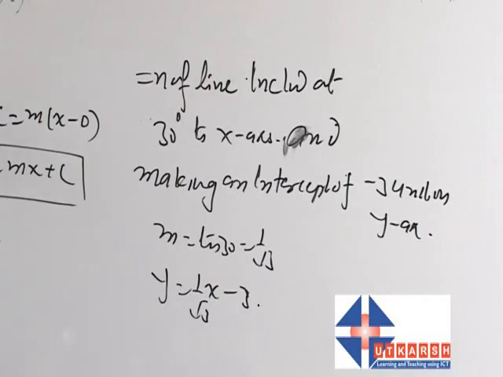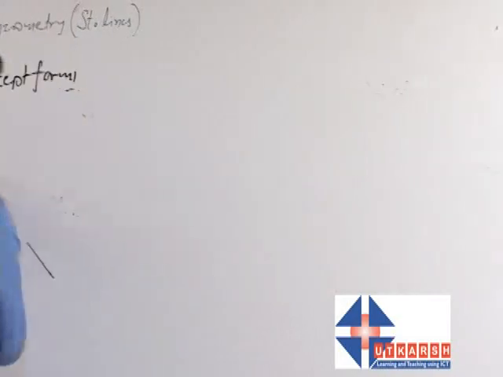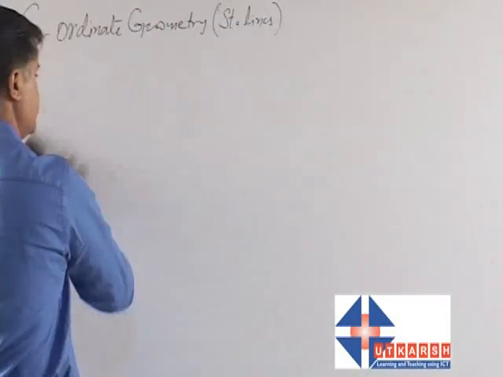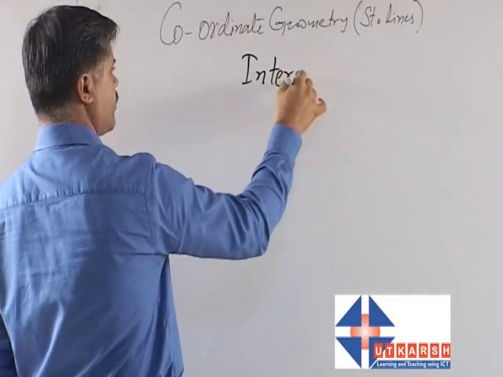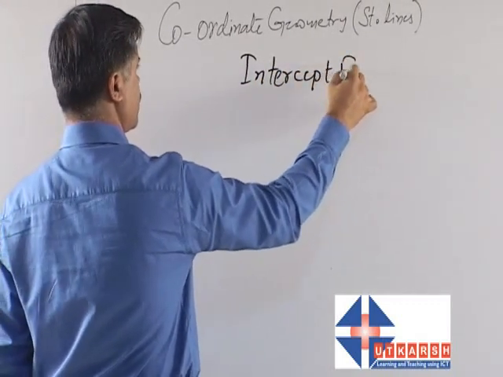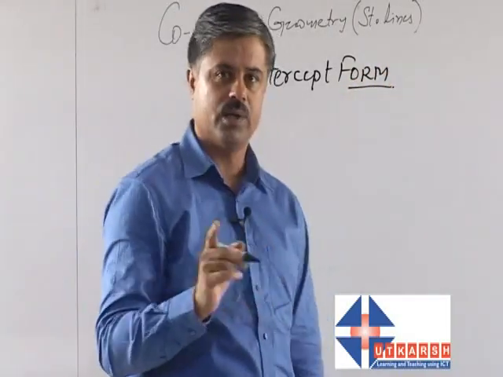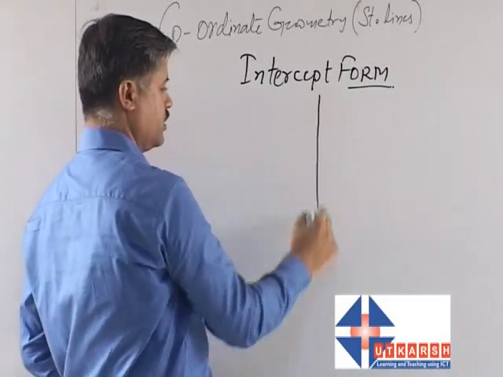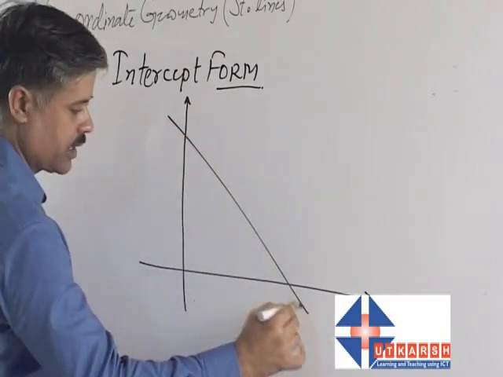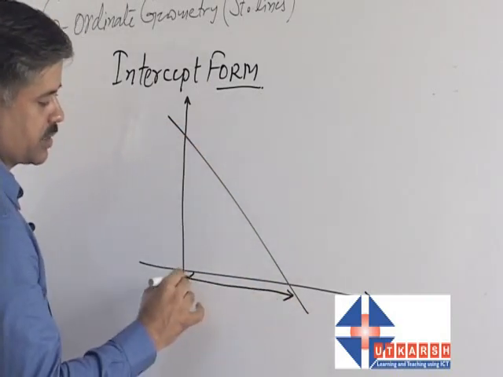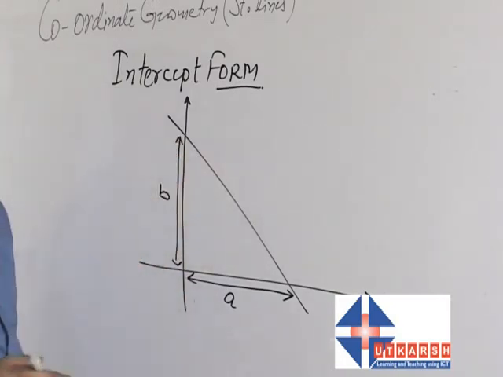Next is intercept form. इंटरसेप्ट फॉर्म में है कि इक्वेशन ऑफ लाइन मेकिंग इंटरसेप्ट्स a on x axis, a this much distance is a on x axis and b on y axis.